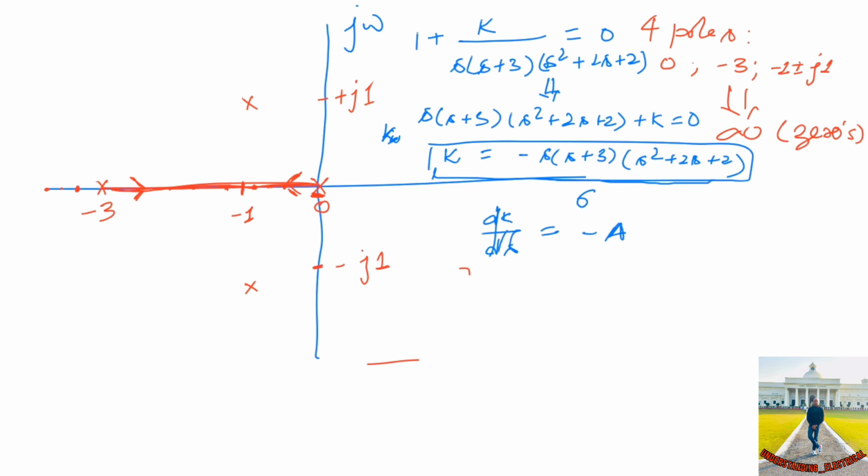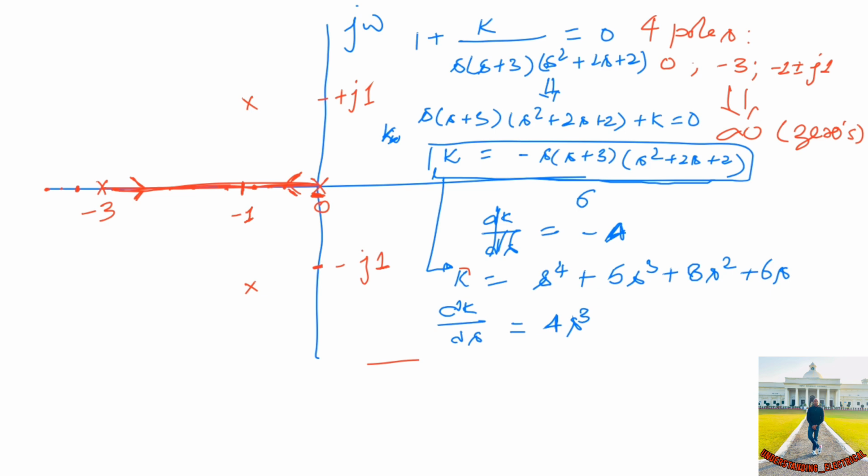We'll have k equals minus of s to the power 4 plus 5 s cubed plus 8 s squared plus 6s. Now let's differentiate it with respect to s. So dk by ds will be equal to minus of 4s cubed plus 15 s squared plus 16s plus 6.